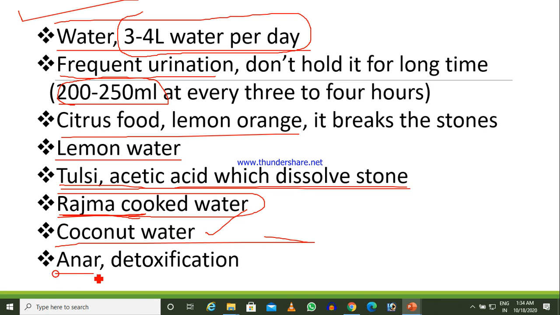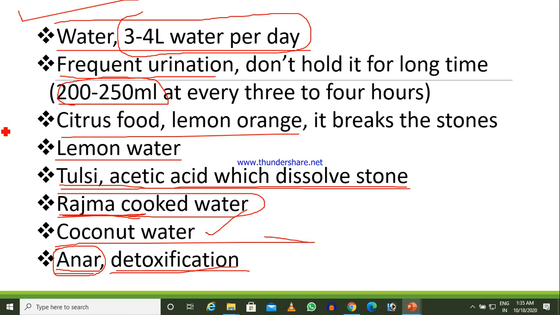Take anar. Anar means pomegranate, that red color, that you take. It is not only for kidney, it will detoxify the entire body.